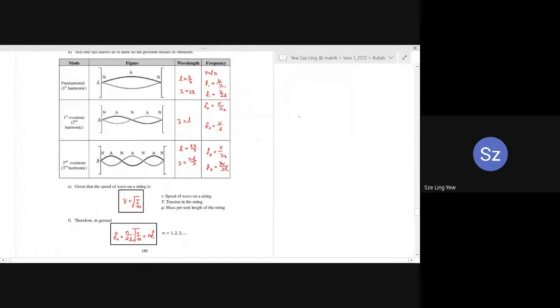I give you 2 minutes to complete the blanks first, then I will give you another 2 minutes to copy the notes that I wrote just now. The reason why I use my own notes is that your notes don't show you how to obtain the equations. You need to know the process, because sometimes questions won't just ask for the final answer.